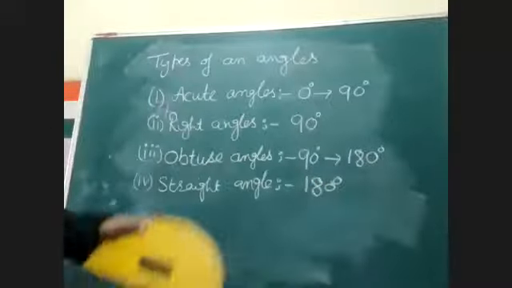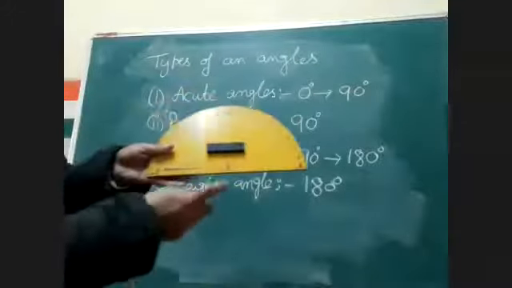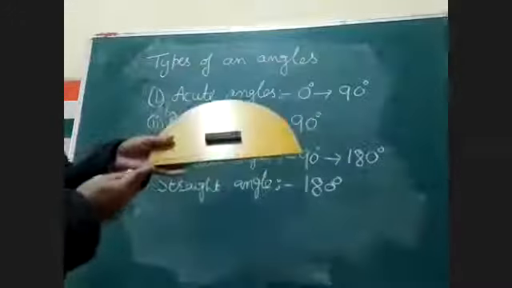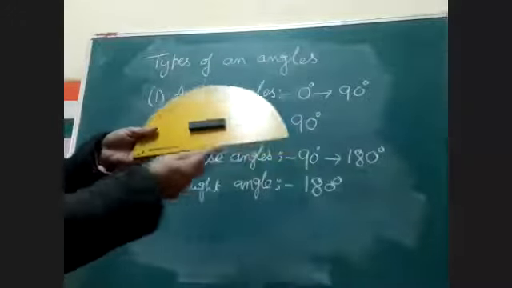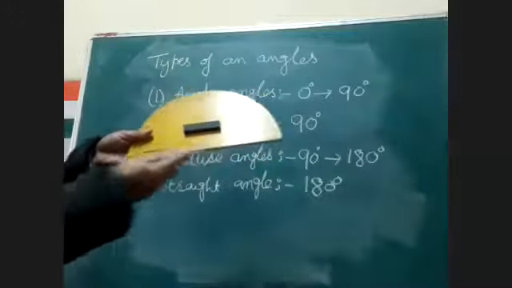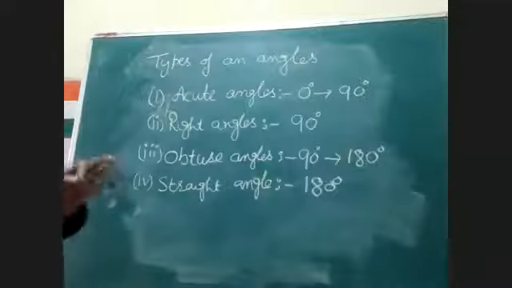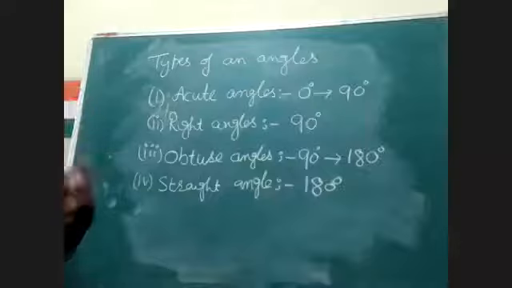Straight angle means straight line. In a protractor, you can see 0 to 180. It means this is an angle of 180 degrees, a straight line. The measure of a straight angle is 180 degrees.